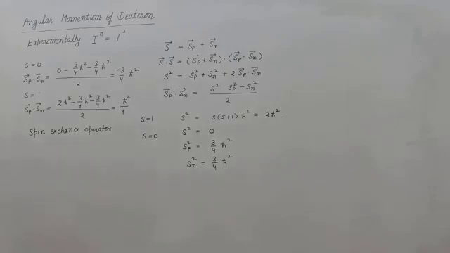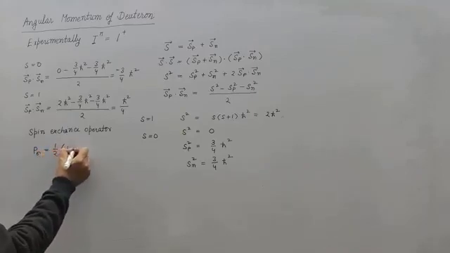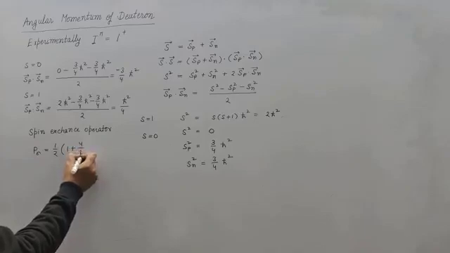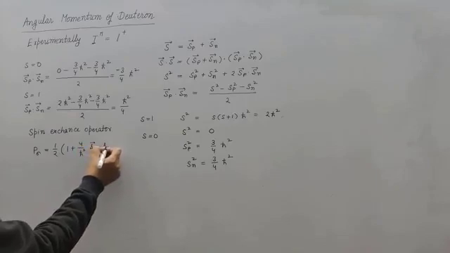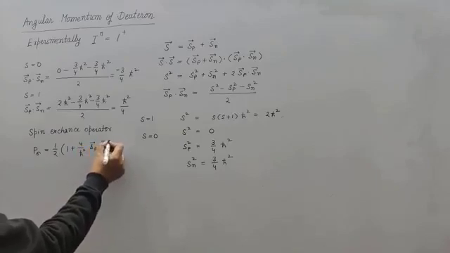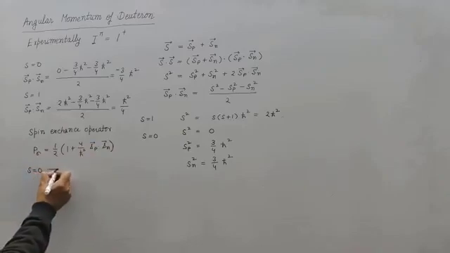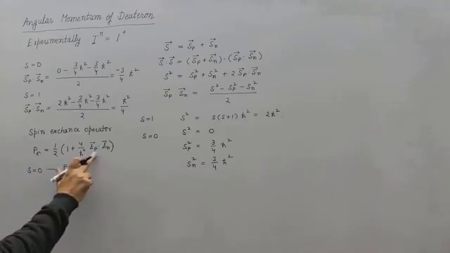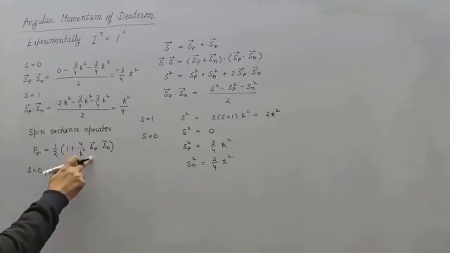What is the expression of the spin exchange operator? This is P sigma, equal to 1/2 (1 + 4/ħ² Sp dot Sn). If you are choosing S equal to 0, then what will be the value of P sigma? Sp dot Sn will be equal to minus 3/4 ħ².